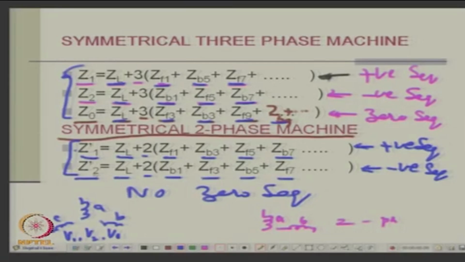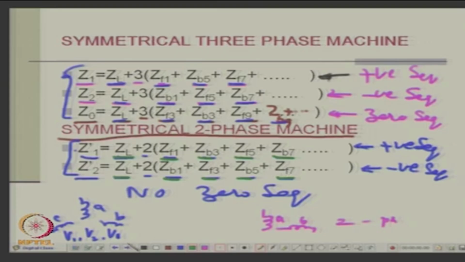So, all the odd harmonics are present when you connect on single phase. Now, you have also got it should be same as Z1 dash plus Z2 dash by 2. Now, that by 2 will be ZL only, plus you have by 2 means this 2 will go. So, you have ZF1 here, ZB1 here, ZF3 here, ZB3 here, ZF5 here, ZB5 here, ZF7 here, ZB7 here, etc. Is it clear? Well, I think it is a very important concept.